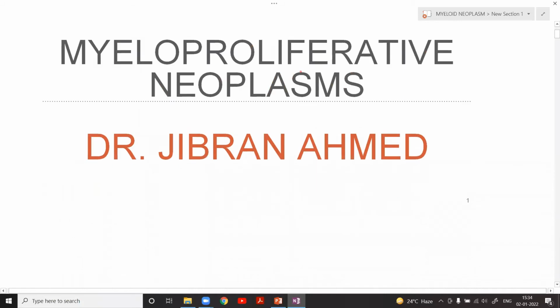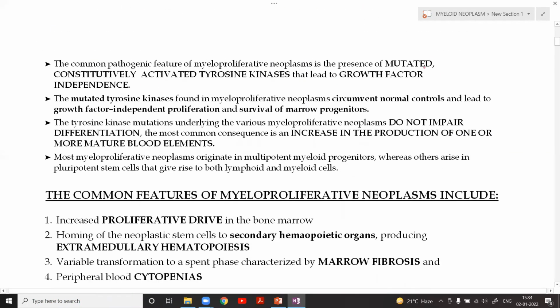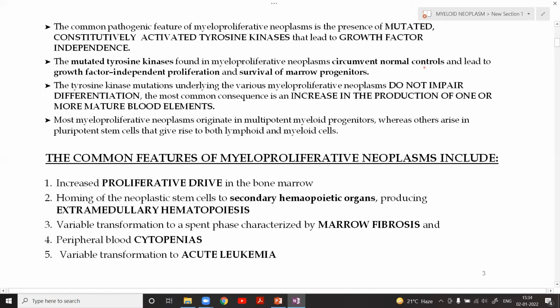Now, before I go towards chronic myeloid leukemia, first let me tell you something about myeloproliferative neoplasms. You have to understand one thing: there is a common feature of the myeloproliferative neoplasms that we are going to discuss today.